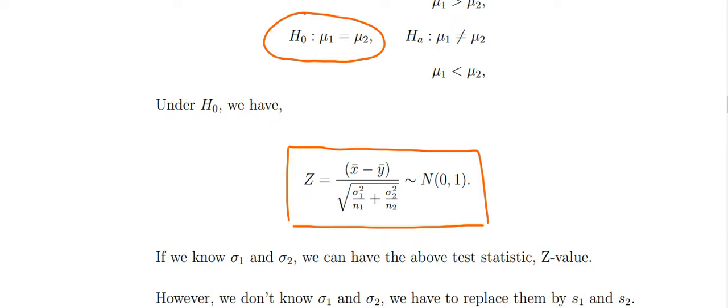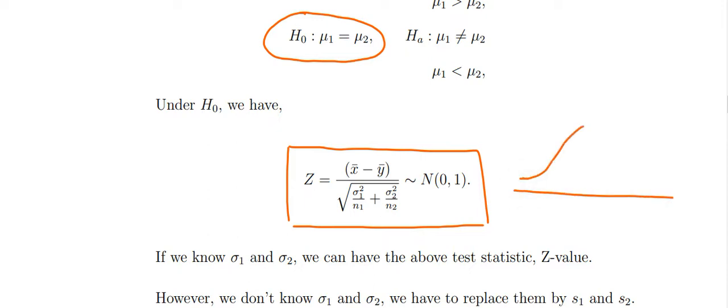If we know sigma 1 and sigma 2, then we can calculate this value. This is the test statistic, the z value, and it follows standard normal.